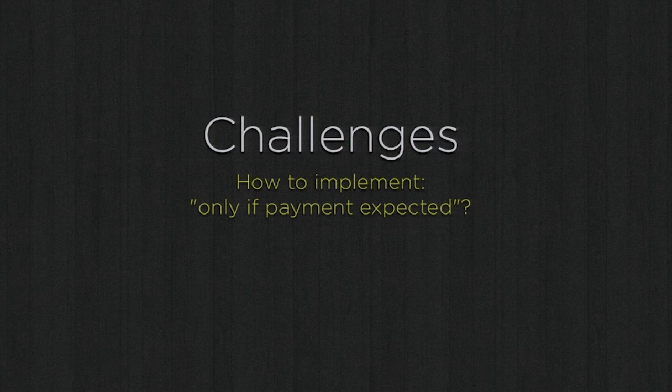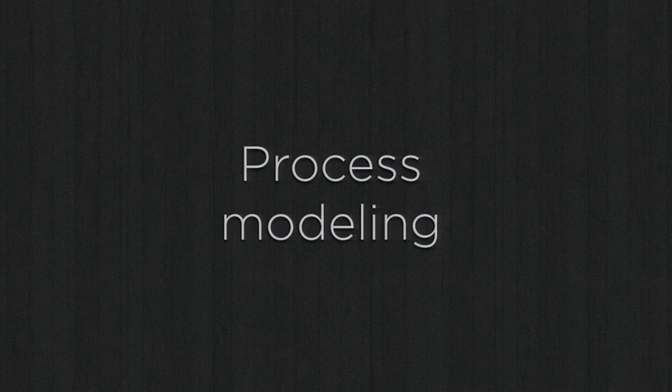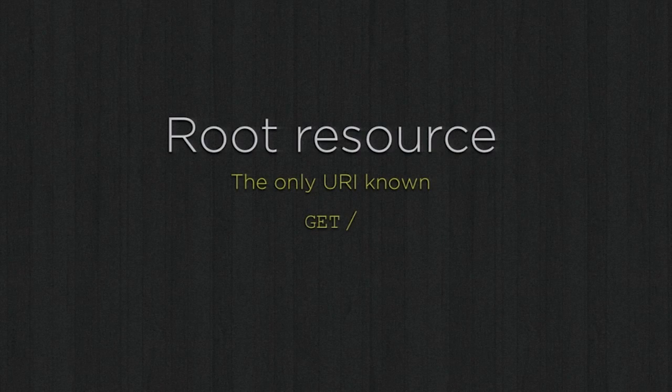So by allowed, I mean, okay, how can we restrict a good client, a good citizen client, to only invoke the state transitions when it's allowed? And the idea here is to define that the client can only follow links that are currently present in the representation.